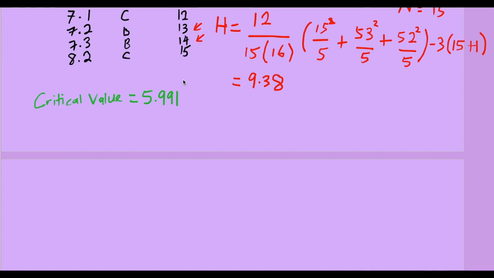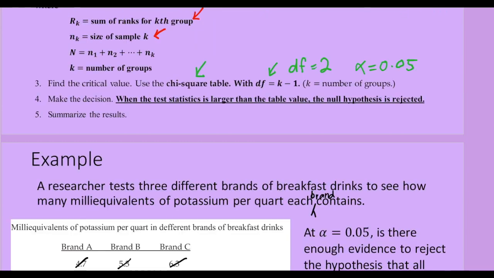And the next step is to make a decision. So this is how you make a decision. When the test statistic is larger than the table value, so what is the table value? It's the critical value, right? So when the test statistics is larger than the critical value, then we will reject the null hypothesis. So let's try that one out.